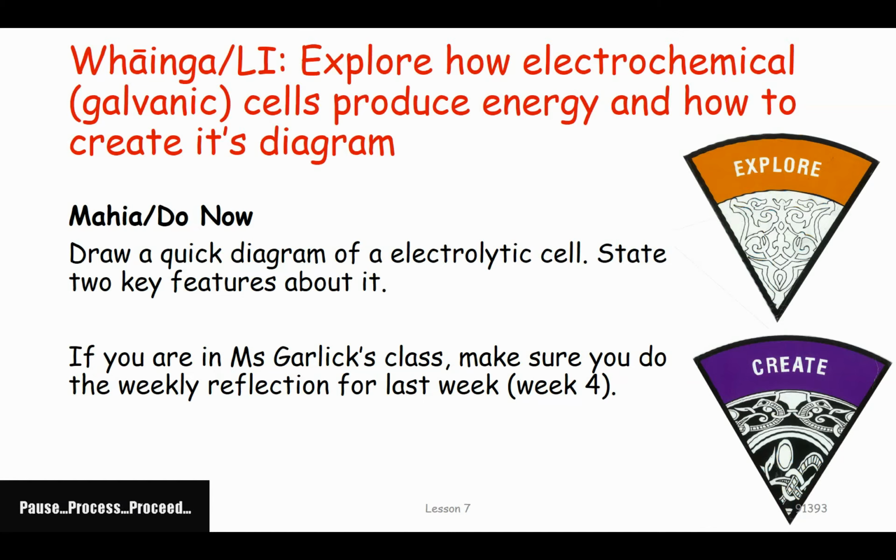And the key then to make sure that we control this movement is by basically separating the two half reactions. So I'm trying to separate the redox reaction. I'm trying to separate one half into the oxidation half and the other half into the reduction half. Now, these two half reactions are still connected, and they are connected through the electrodes, which are connected by a wire, and then also something known as a salt bridge. And you guys will be able to kind of see the importance of that.